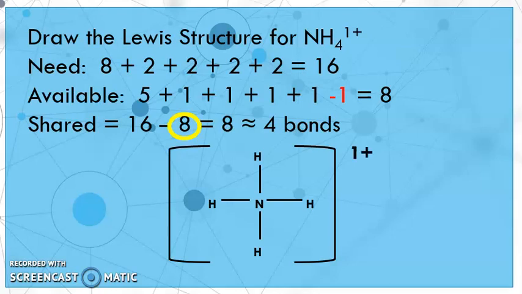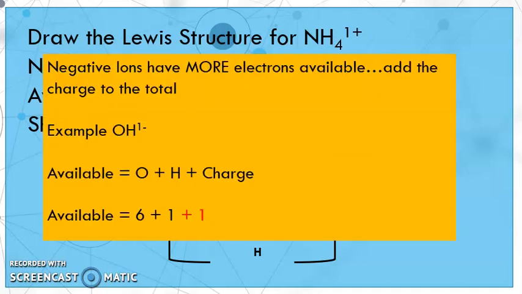So in this case, I'll put the +1 charge to indicate that we had to remove an available electron to get this to work. So once again, the charge on the polyatomic ion affects the number of electrons that these things have available. So let's take a look here just at how a negative charge might affect things.